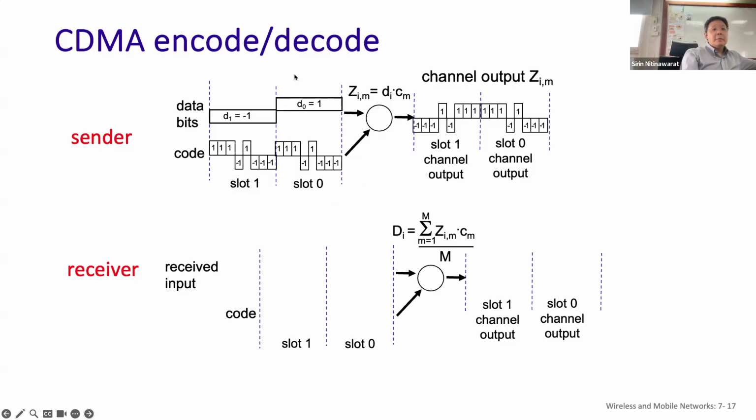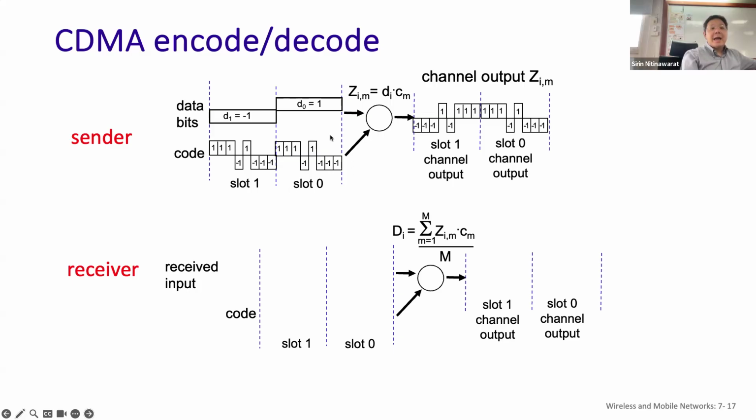You see this bit interval is further split into sub-intervals, and in each bit interval, the signal is multiplied with this code sequence. Different sub-intervals are called chips.